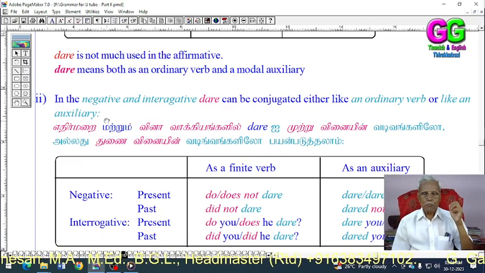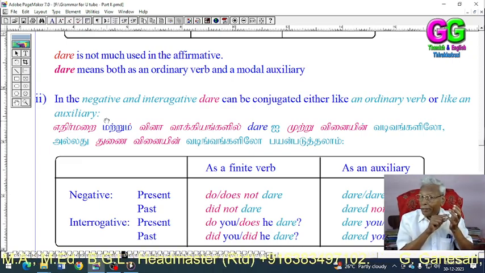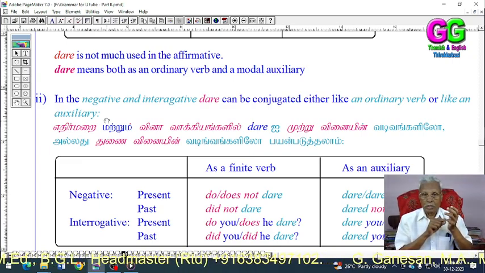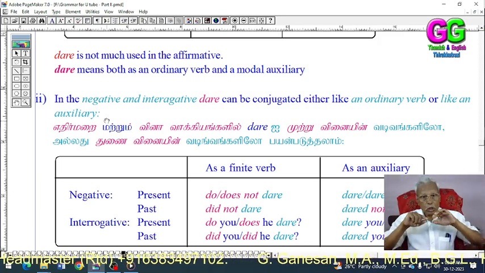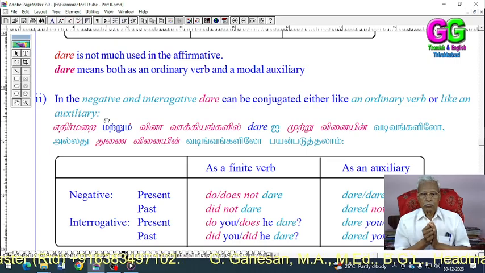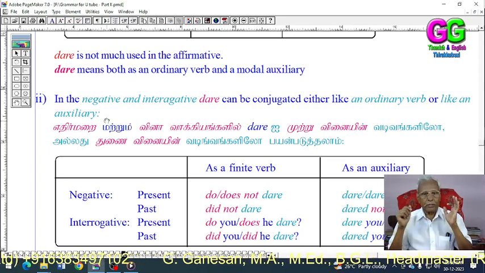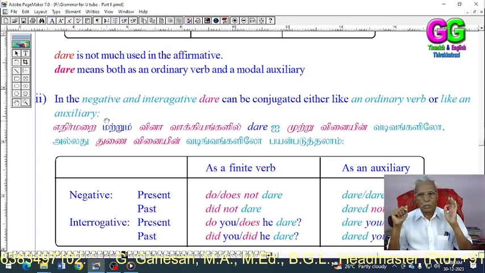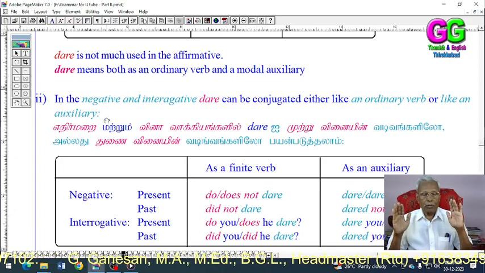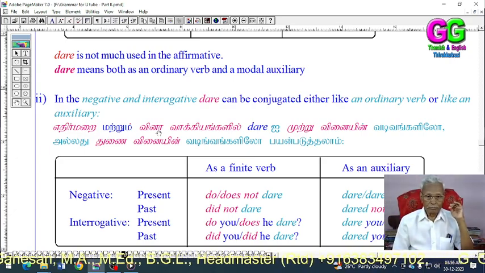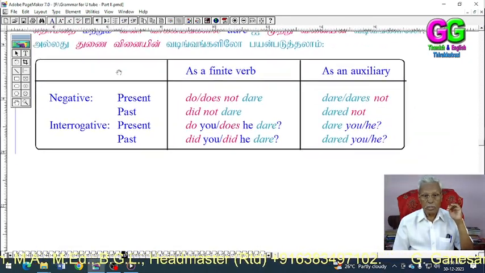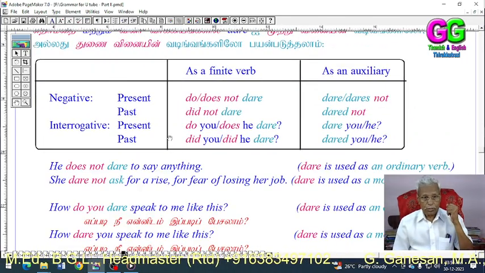Dear students, when dare is used as an auxiliary verb, it can be conjugated either like an ordinary verb or an auxiliary verb. Let us see the forms.